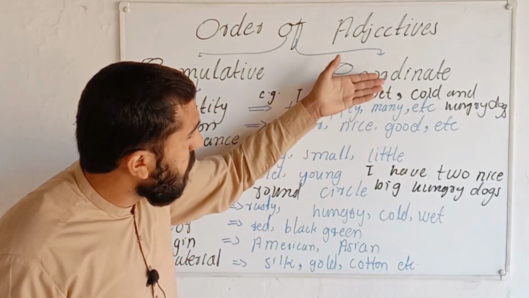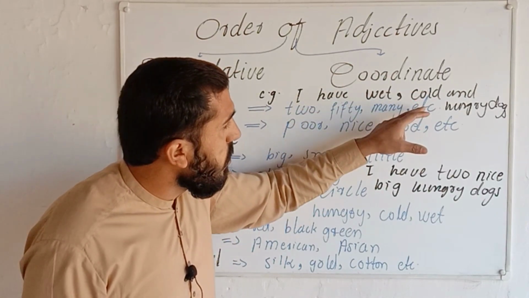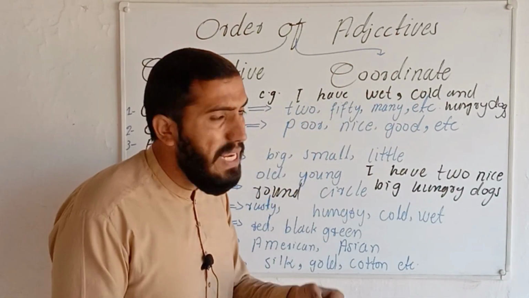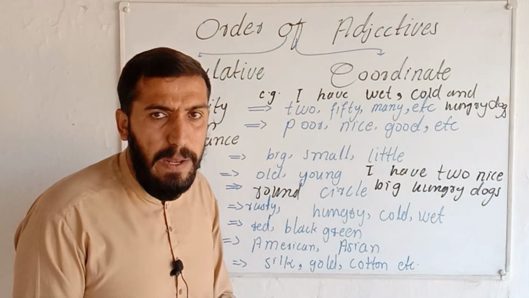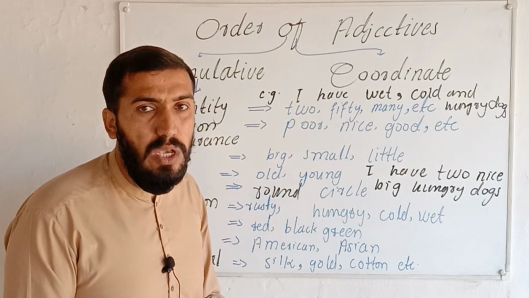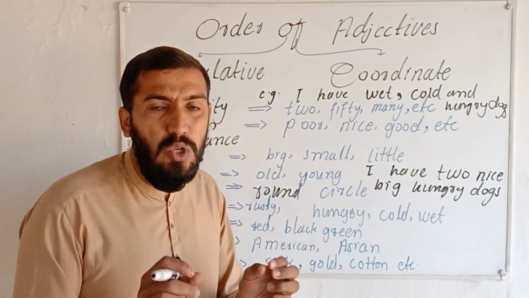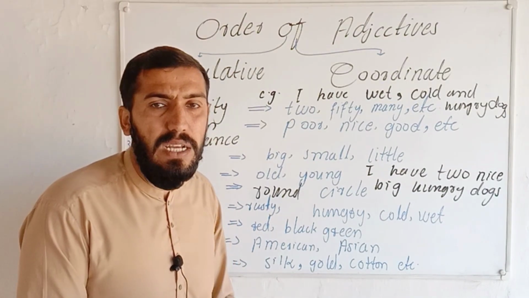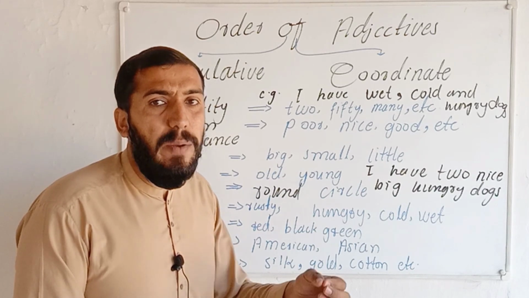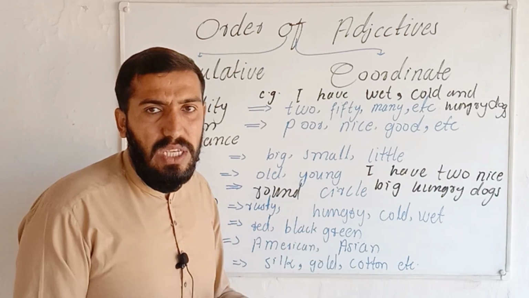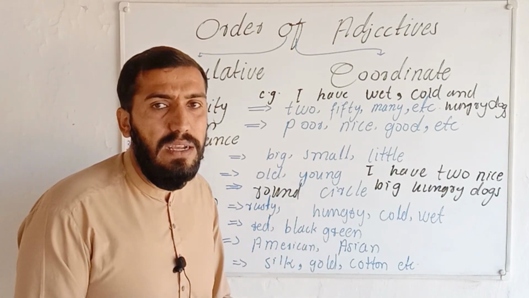So these are called coordinate adjectives. You should use comma when you want to talk about coordinate adjectives. Keep in mind, while using coordinate adjectives, you need to use commas. And as I told you before, do not put too many adjectives before a noun, because it weakens your idea in a sentence, or it may create confusion for a reader.